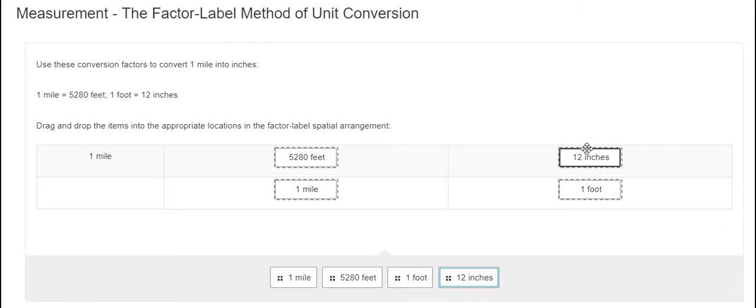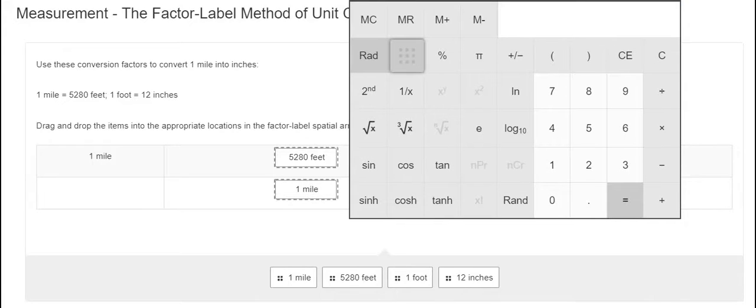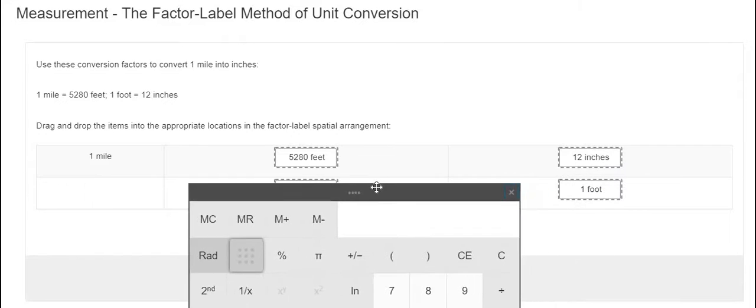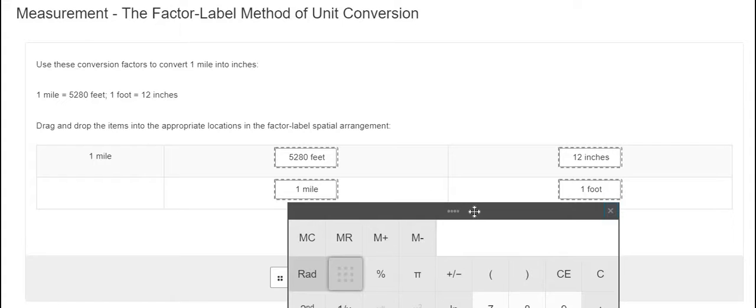And so to actually do the rest of the problem, we would have to use a calculator. So I'm going to drag the calculator up in here. What we're going to do is multiply the items in, right, everything that has a 1, we can ignore the 1s because we know that 1 times 1 is 1, and if we divide by 1, we get the same result.